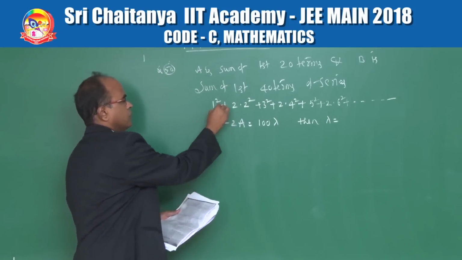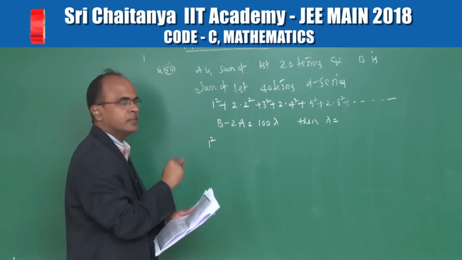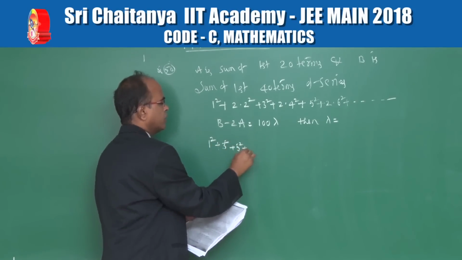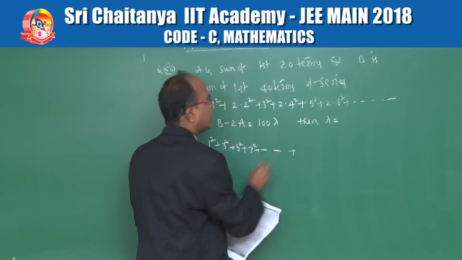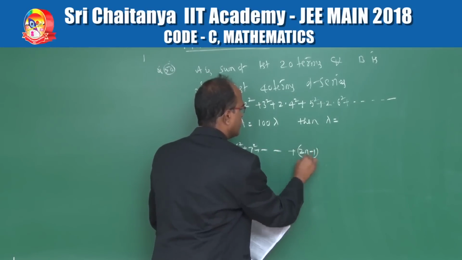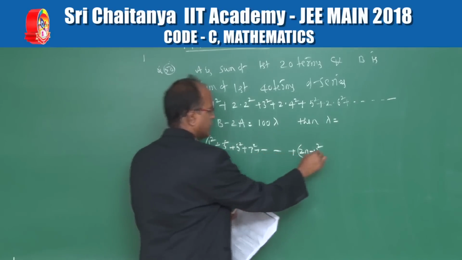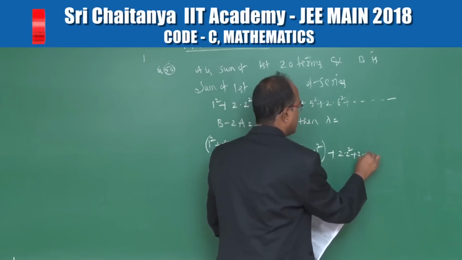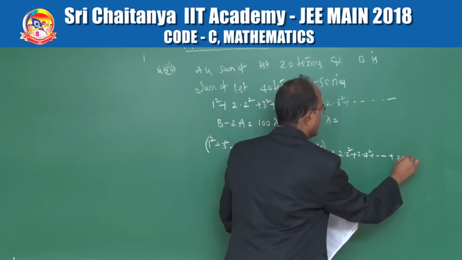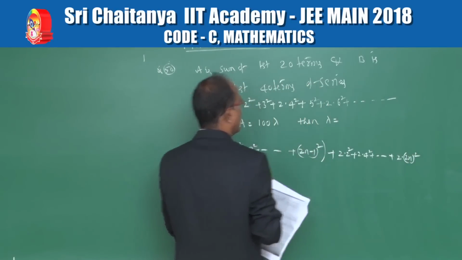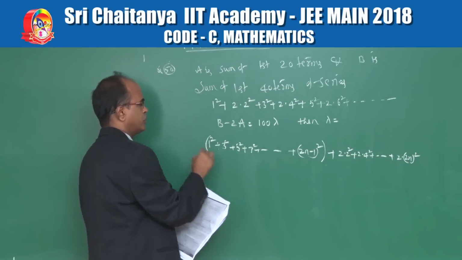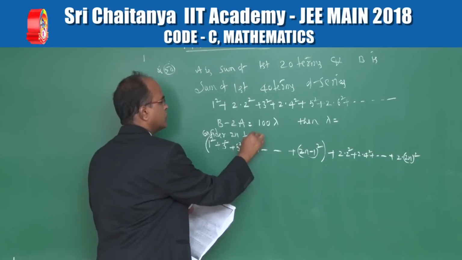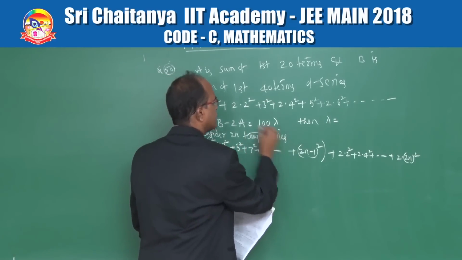And the given series can be rewritten as 1² + 3² + 5² + 7² etc., (2n−1)², plus 2×2² + 2×4² etc., 2×(2n)². If we consider 2n terms, that is why we say consider 2n terms of the series.